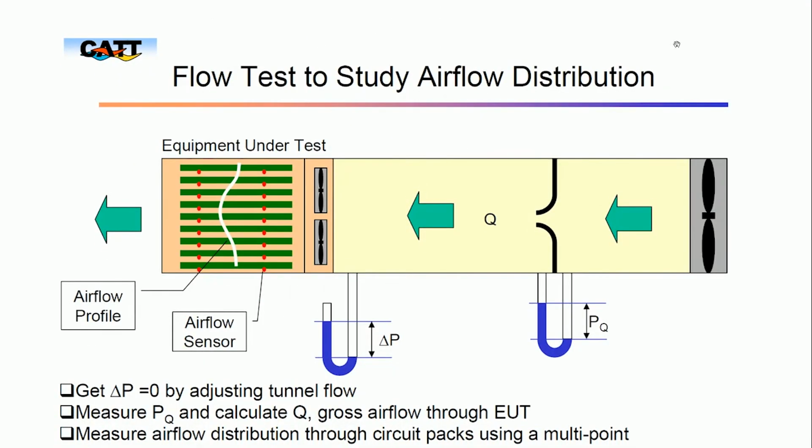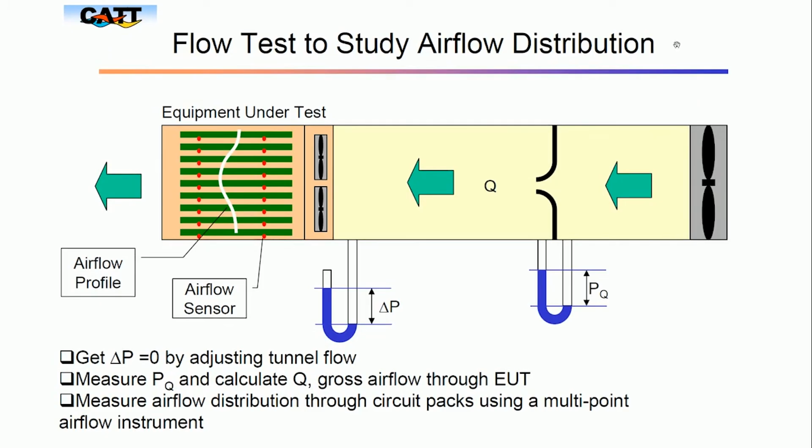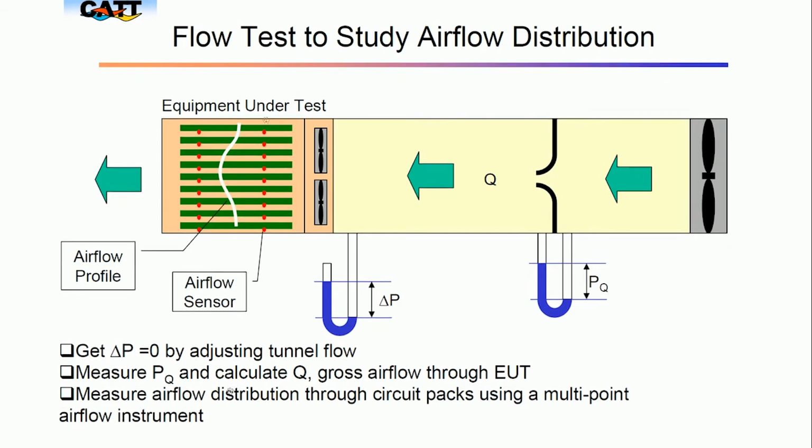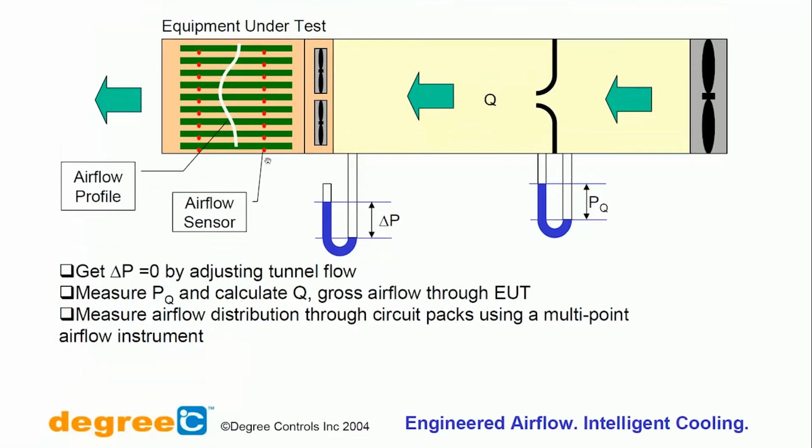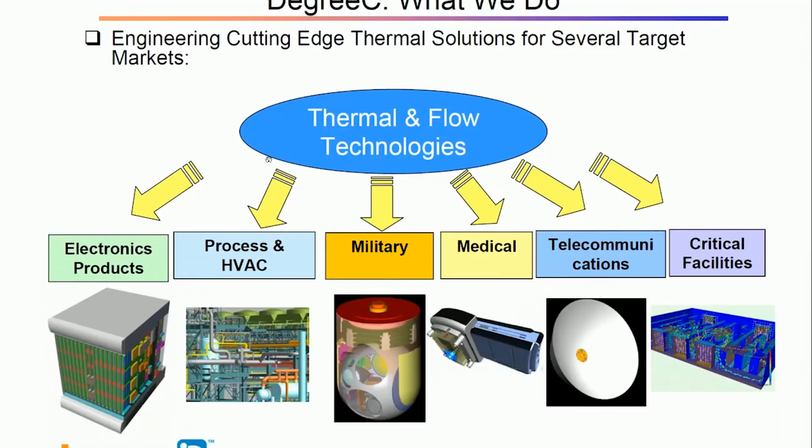So we have airflow sensors mounted all over the place, and then we try to measure and calculate airflow and so on. It is nothing, the same sensors have been mounted, and somebody has tried to plot it.